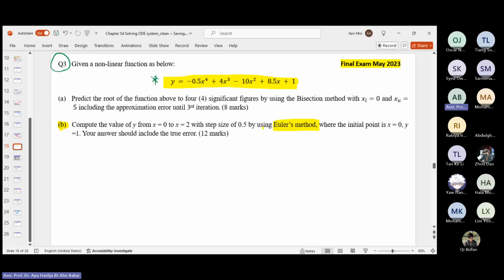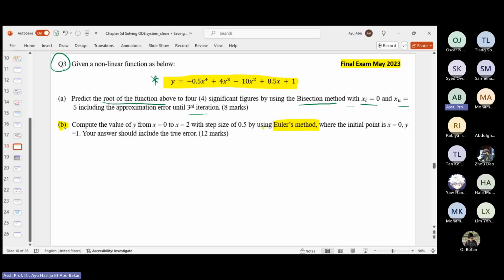Given a non-linear function of this, question 1 asks you to predict the root of the function by using the bisection method. This one is the earlier topic, the bisection, with the range of this. This one you can try later.